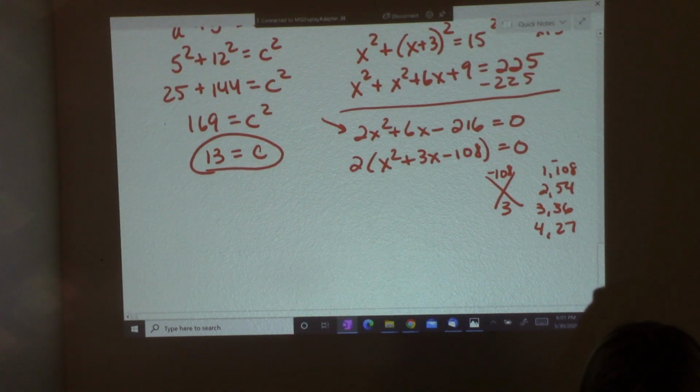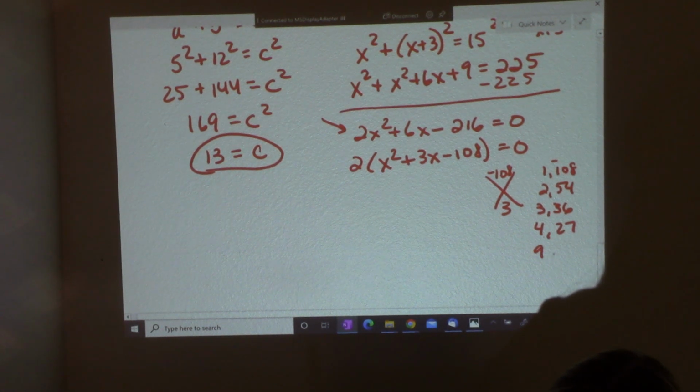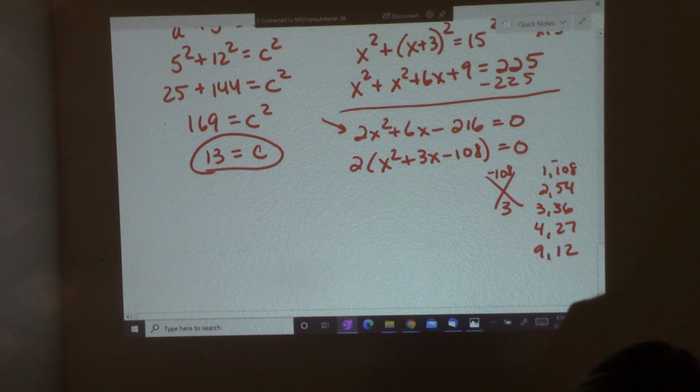Does 6 go in? Nope. 7 doesn't go in. 8 doesn't go in. 9 does. 9 times 12. Okay.